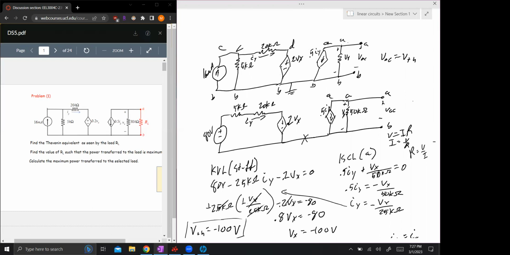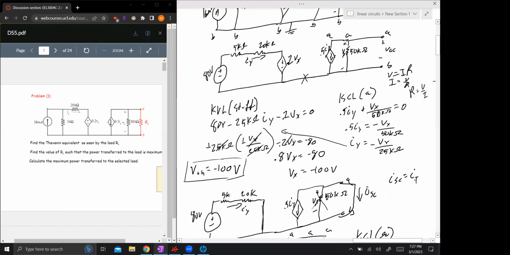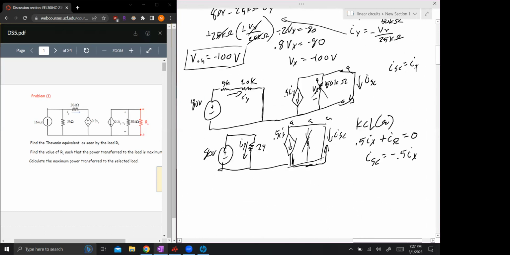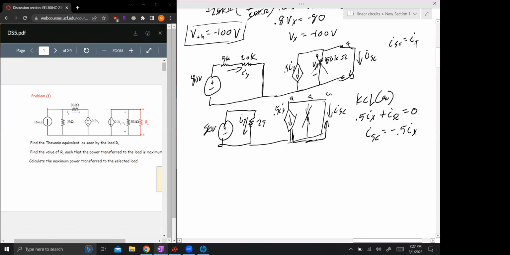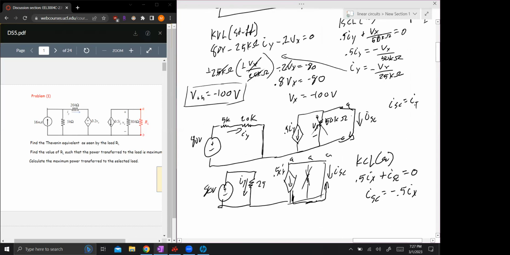But because this circuit has two dependent sources, and I'd only really be getting rid of this independent voltage source, it doesn't change too much. So instead, there's another method where you connect the A and B terminals, and then you do a short circuit current across it. You leave the circuit as it is, and you solve for our Thevenin.